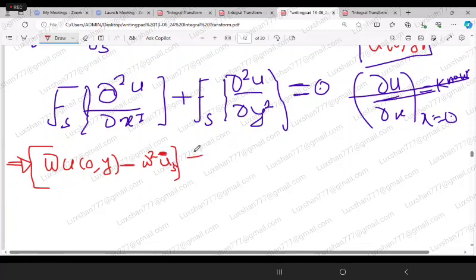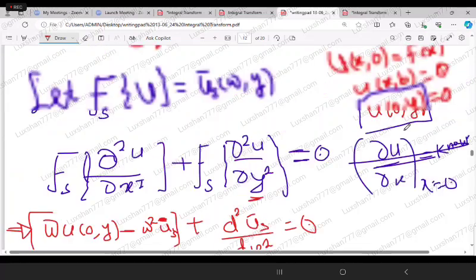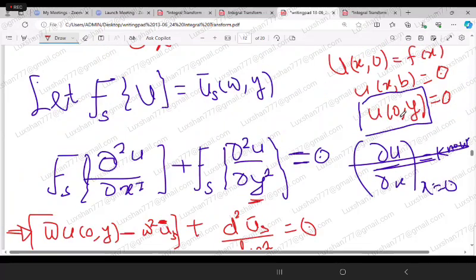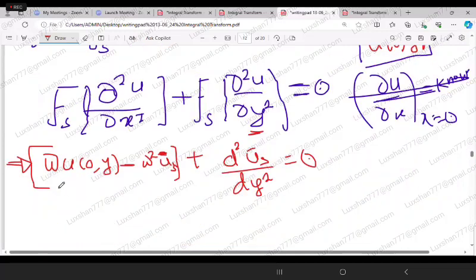Plus, this one, the variable is y, no? Therefore, we don't need to worry about that one. That is d²u bar s over dy² equal to 0. But from the condition, u(0, y) equals 0, so this part vanishes, isn't it?